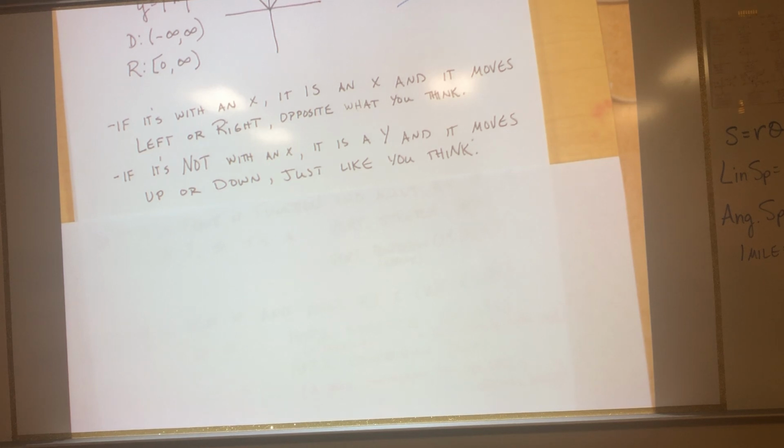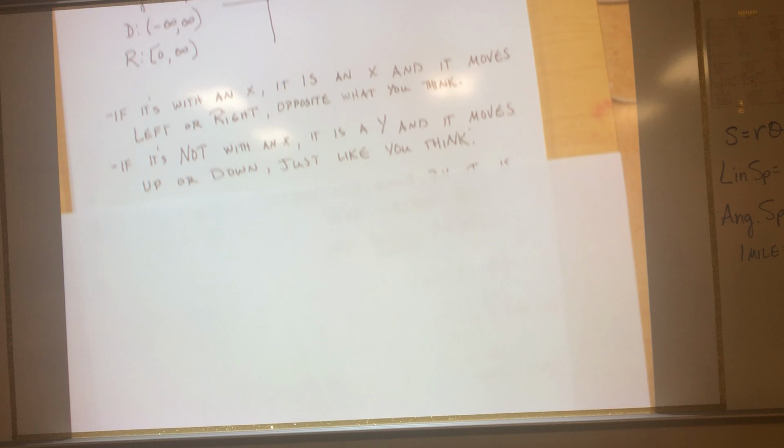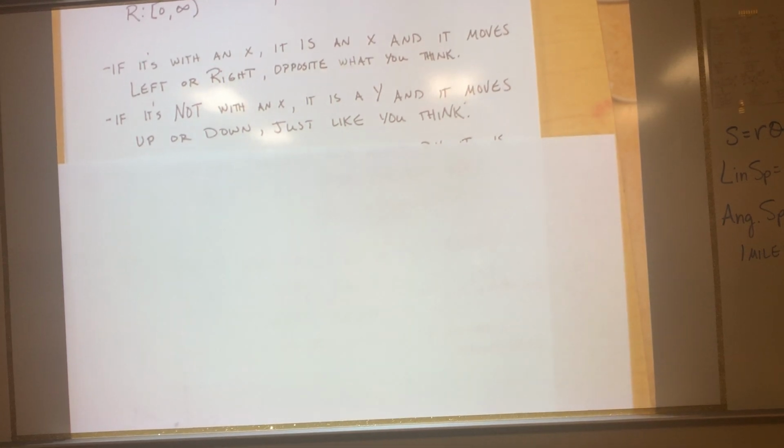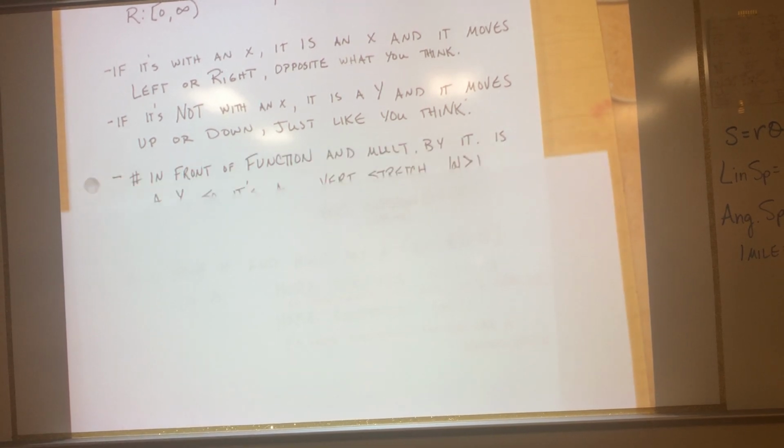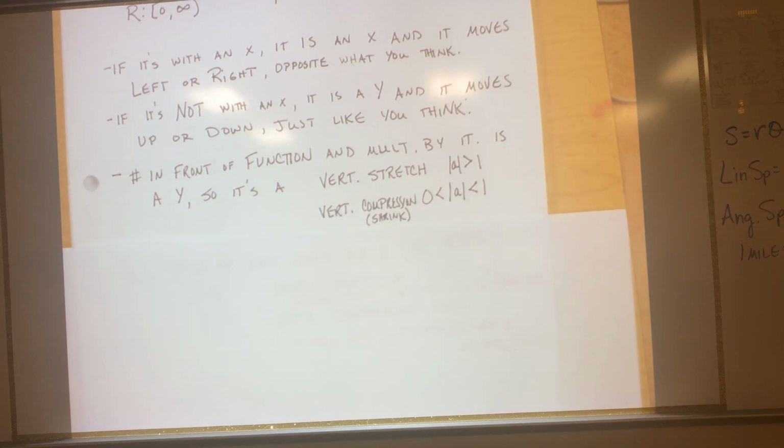All right, so this is talk about vertical and horizontal stretches and compressions. We talked more about the vertical ones than the horizontal ones, but the horizontal ones are going to be the same, except that if it's with the x, he's going to be opposite of what you think. So this is what a vertical one does.